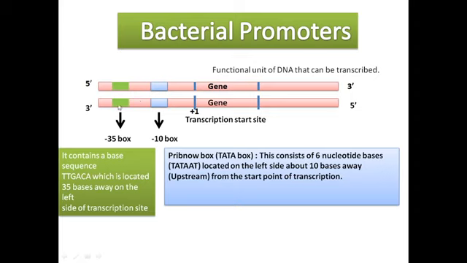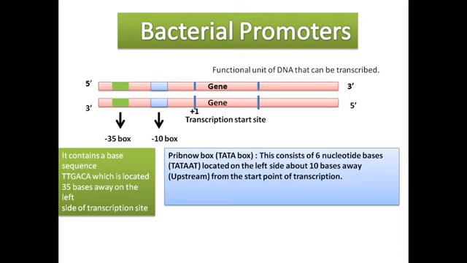It is these sequences which are actually recognized by the sigma subunit, and then, upon the sigma subunit joining here, the transcription of the gene starts. So the sigma subunit guides the RNA polymerase as to where to start the transcription, where to start the process of RNA synthesis.